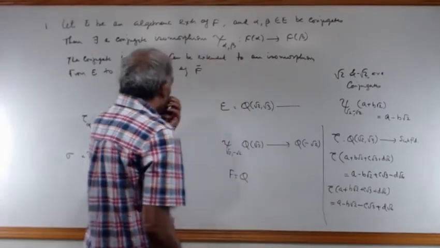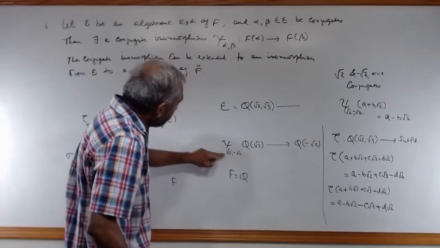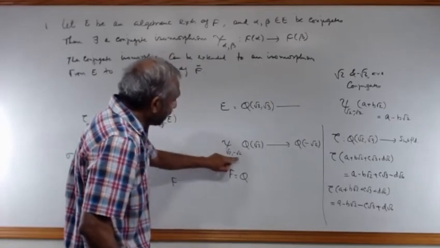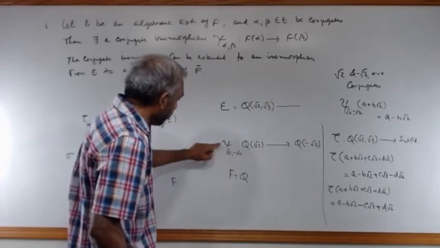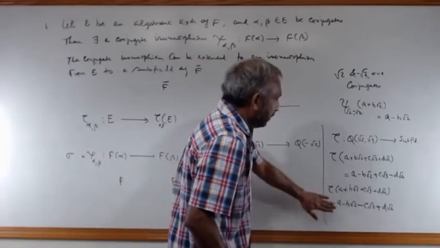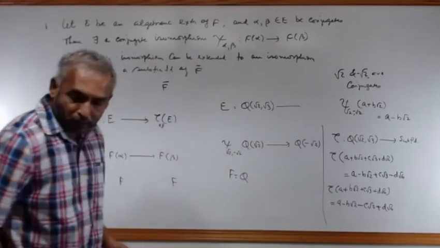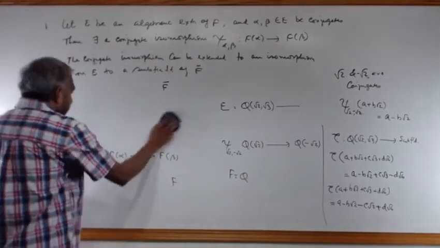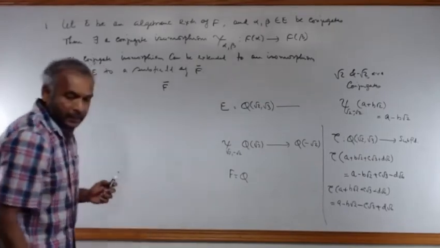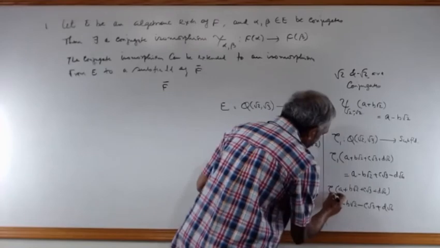So we can extend this psi root 2 comma minus root 2 to either of these. So let's say this one is tau 1 and this is tau 2.